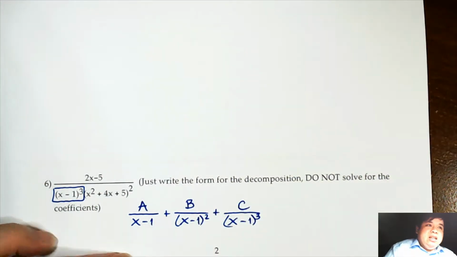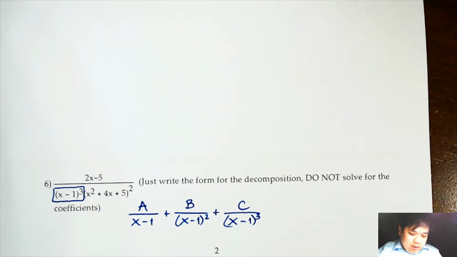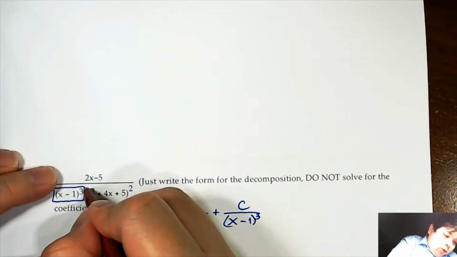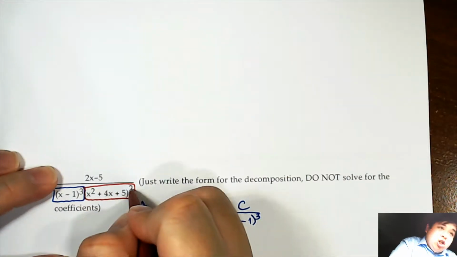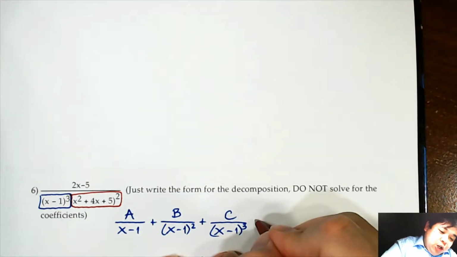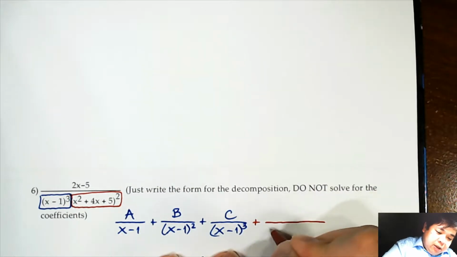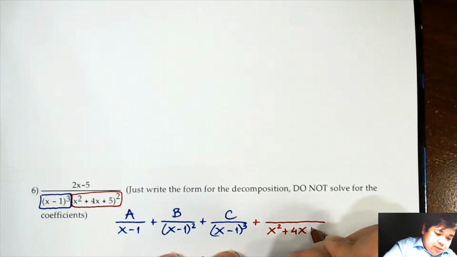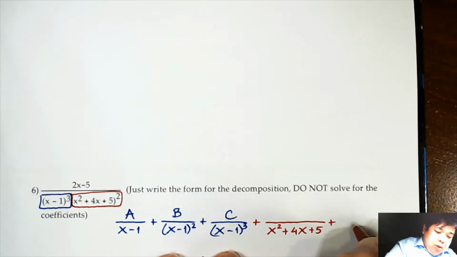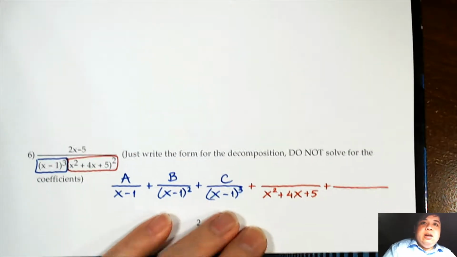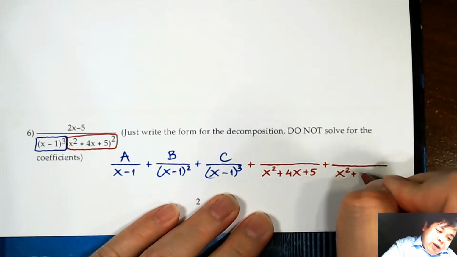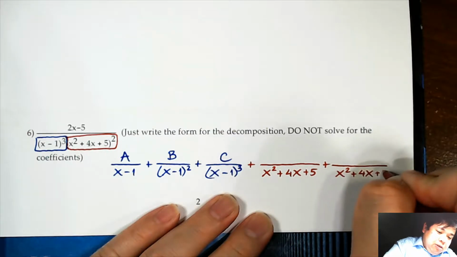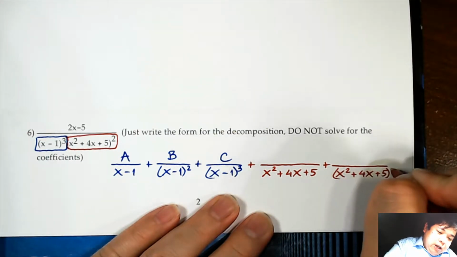So let's say A, B, C for that. Now we have the quadratic factor to the 2 power, so we're going to need 2 of them. But we cannot have the same thing, so we have to have (x squared plus 4x plus 5) squared.